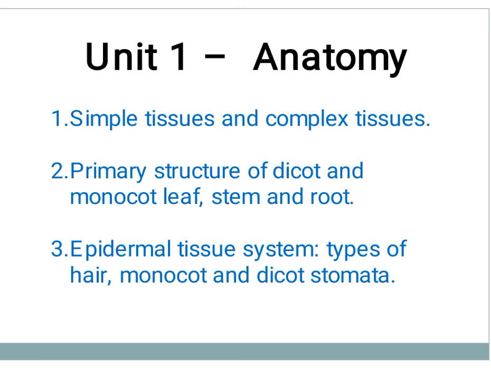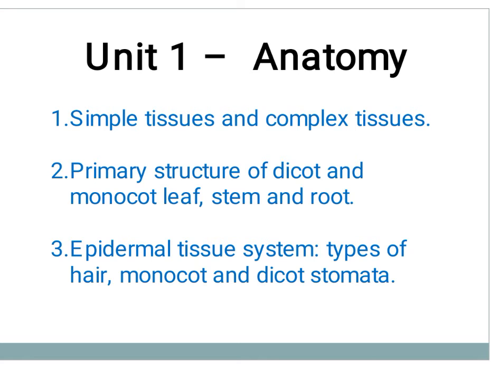So the first topic is simple tissues and complex tissues. The second topic in unit anatomy is the primary structure of dicot and monocot leaf, stem and root. In this topic we will study the primary or internal structure of dicot and monocot leaf, stem and root.